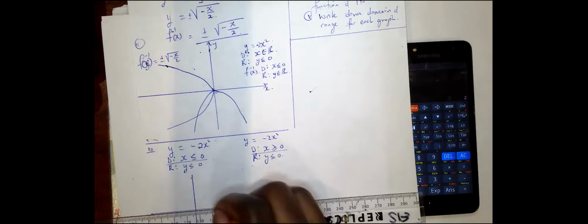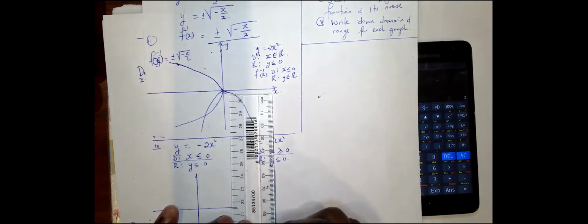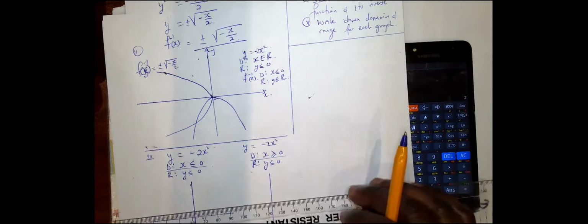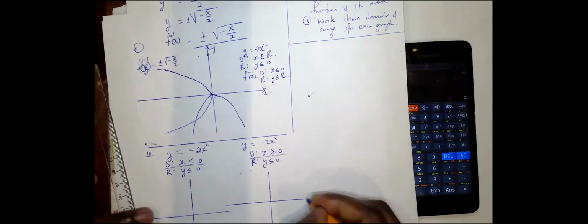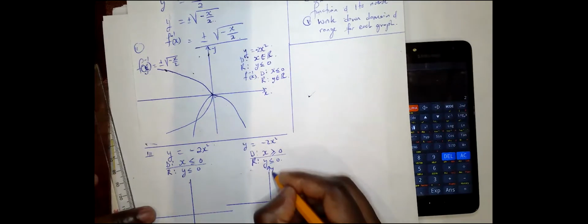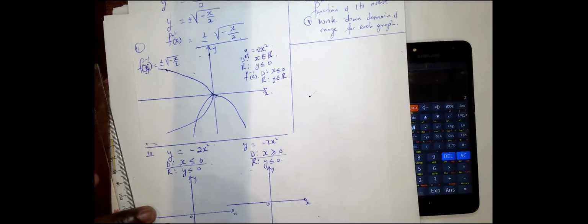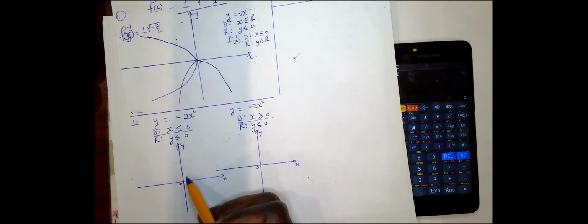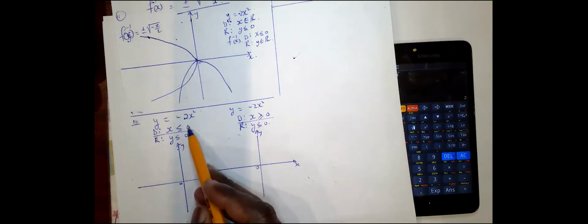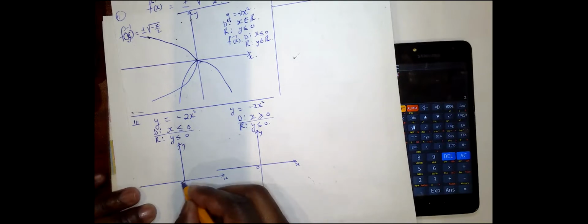All right, draw another one here. Okay, remember x, y, x0, y, x0. Always remember that. Remember to put your values there. So for x less than or equal to 0, we know that we have our graph here like that.